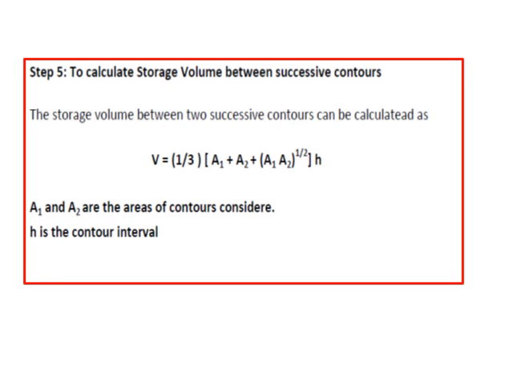Now, to find the storage volume between successive contours, you have already generated the areas. Suppose you have one contour generated at a particular level, and then one more contour generated at the next level. Then you can find the volume that is stored between these two contours.